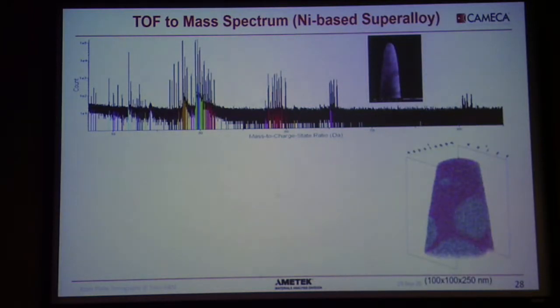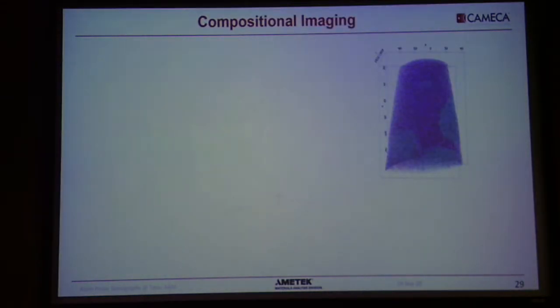So now that we have this mass spectrum, we can translate that into a 3D volume, because each type of element has a different color. For example, all the red here are molybdenum. So when we reconstruct the tip in 3 dimensions, we can understand with ion maps which phase we have.